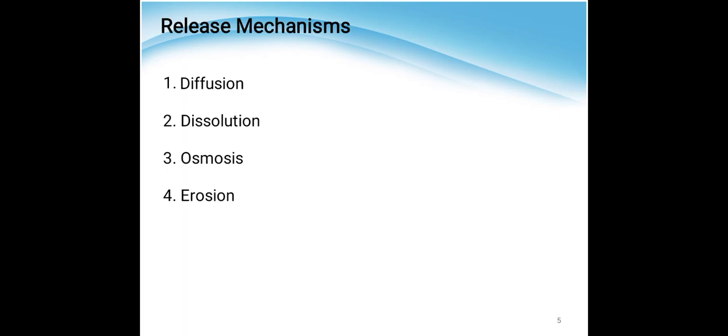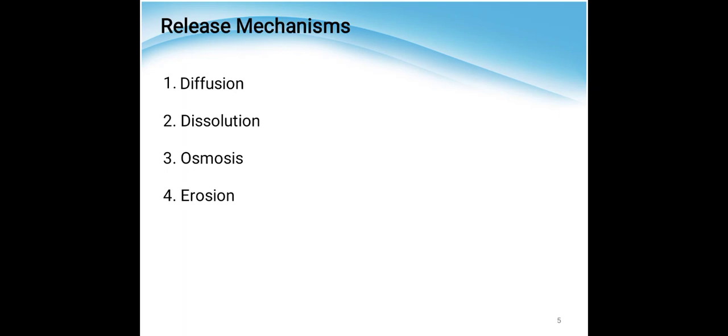It is very essential for everyone, before they start to know each and every bit, to understand the meaning of the term through which the bit is going to be started. Here, the first mechanism by which microencapsulation releases is diffusion.